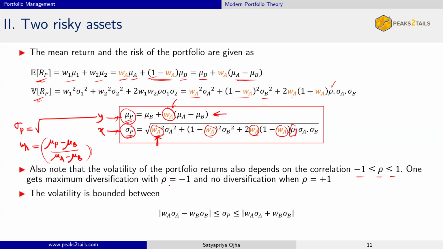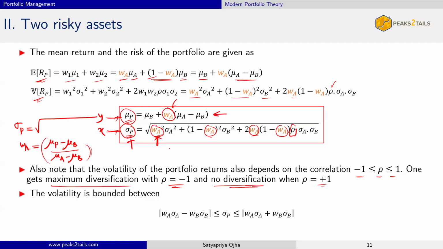If you have rho equal to -1, you get maximum diversification. Your portfolio volatility will go down. And if you have rho equal to +1, which is the other extreme, that means assets are perfectly positively correlated. There is no diversification benefit, so the volatility of the portfolio will be highest in that case.